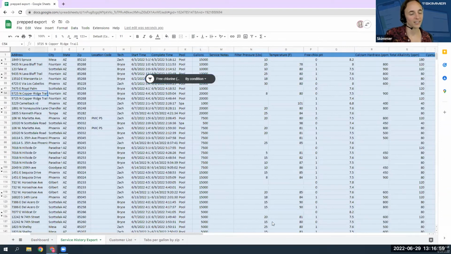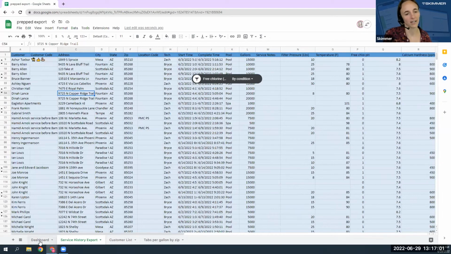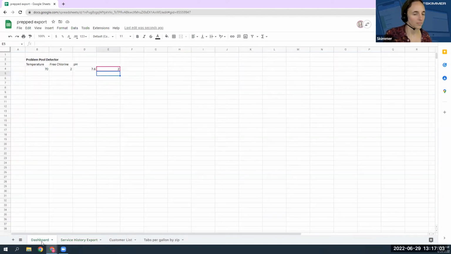But on the far left tab where it says dashboard, Bryce and I were talking about, well, what if somebody has multiple dimensions that they want to manage towards? What if it's a combination of monitoring water temperature, free chlorine, and pH? And if it's over a certain amount or under a certain amount or outside of a range, could we get a count of how many pools are in a spot where perhaps there's a problem, and we can detect that problem?